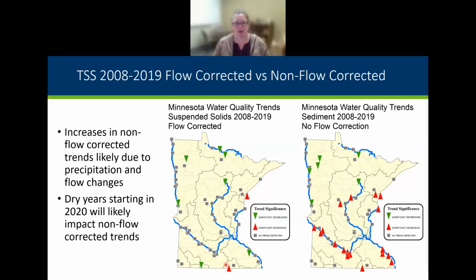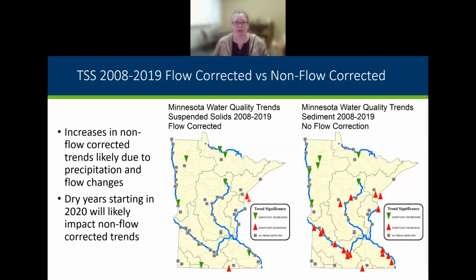So if you assume that the only change is what happened in the concentration of that pollutant getting onto the landscape, then when we're looking at TSS, all these green arrows show that it's getting better. The gray boxes mean that there's no significant trend. We can't tell if it's getting better or worse. We just don't have enough data.